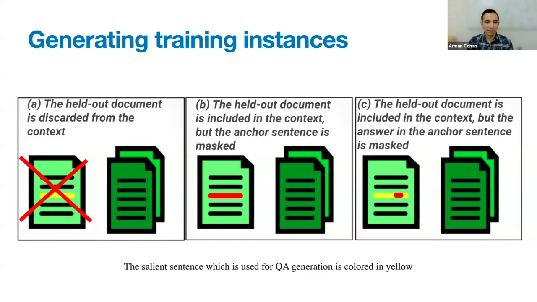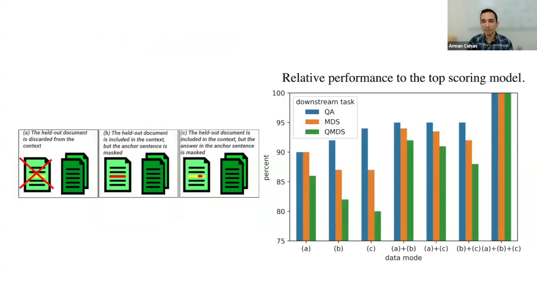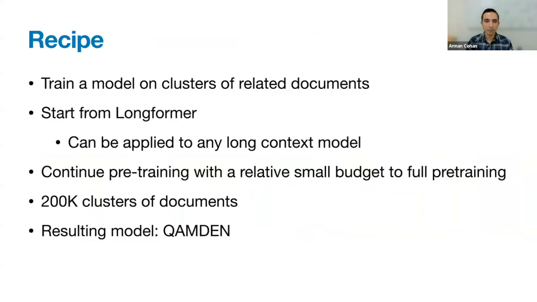And we wanted to see actually which one helps. And it turns out that including all these types of instances gives us the best results on different types of tasks. And so in our final set, we included all three types of instances.